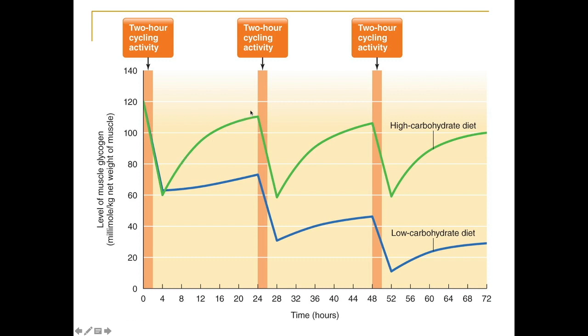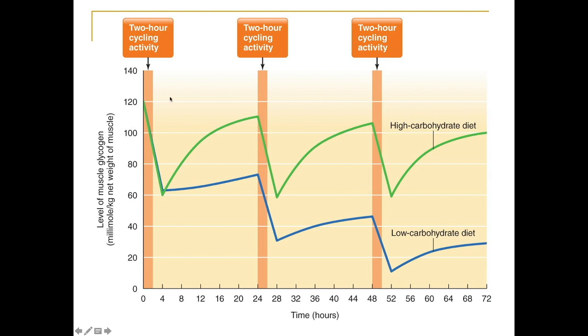Then the next day, you come back, you deplete your glycogen again with another 2-hour cycling activity, and then you eat carbs, and it brings that number back up almost to where it was before. And you keep doing this, and you can see that even after 3 days of fairly intense training, your body has still plenty of carbs and stored energy ready to go for you to keep going.